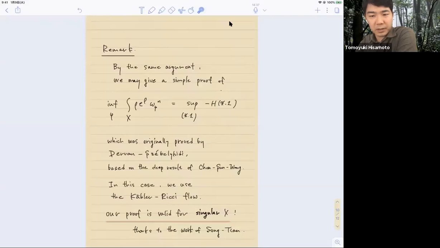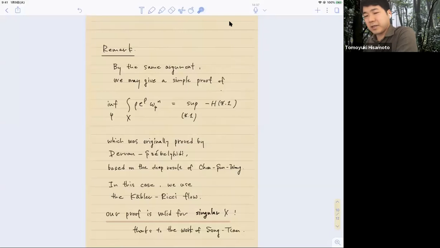I think it's not the case. If there exists a Kähler-Einstein metric, the flow converges to the Kähler-Einstein metric on the same space. But even in a toric case, the gradient flow of the Calabi functional converges to some metric on a different space.